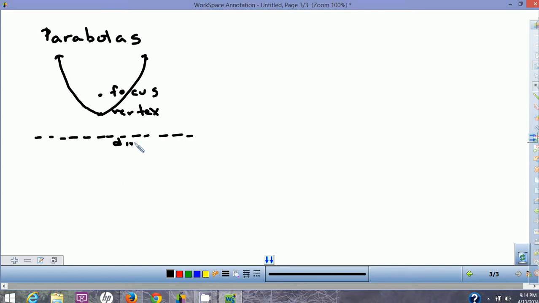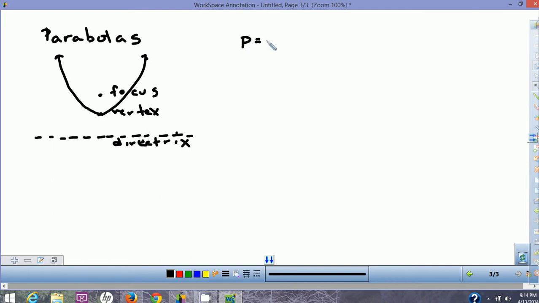Remember when we talk about distance to a line, you'll remember from geometry, we're talking about perpendicular distance. But any place on this, the distance from the focus to the vertex is the same as the distance from the directrix to the vertex. A couple of things you need to know before we write an equation.